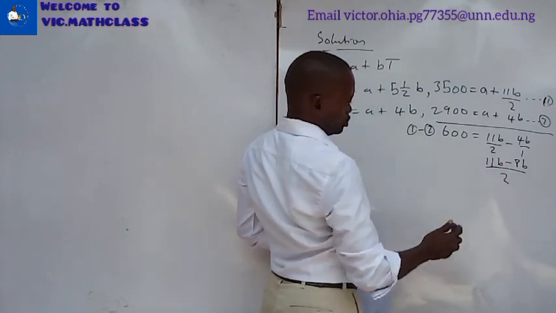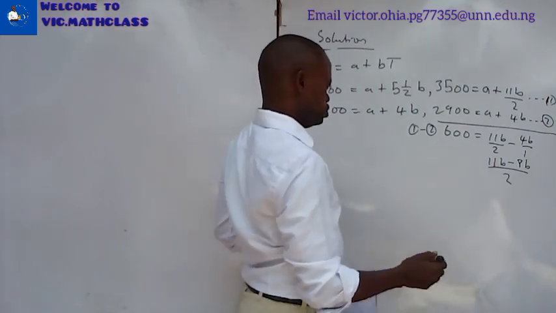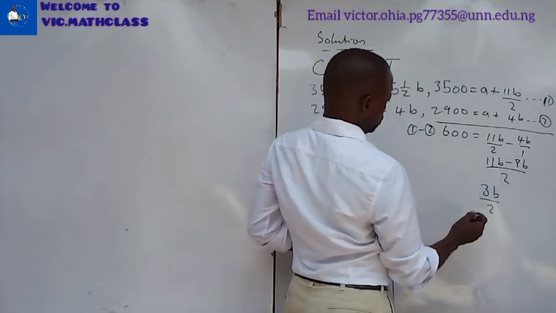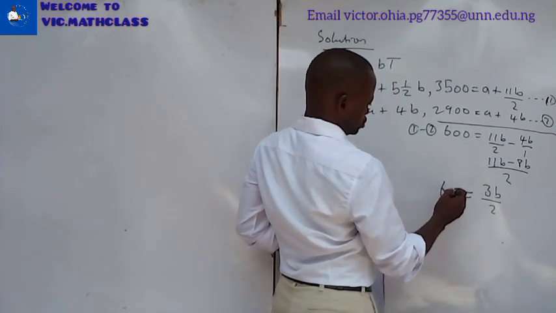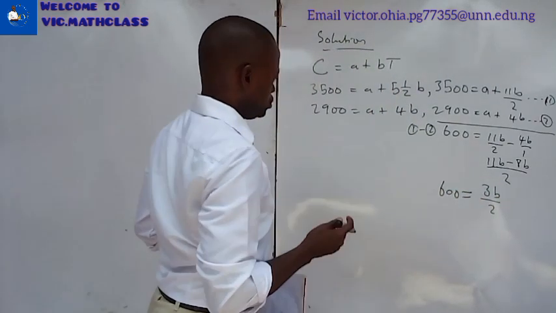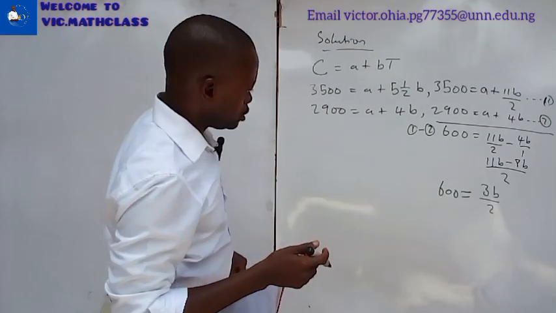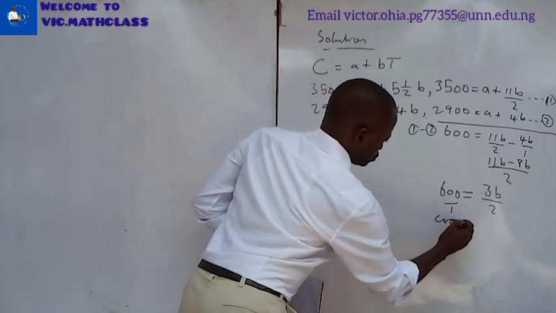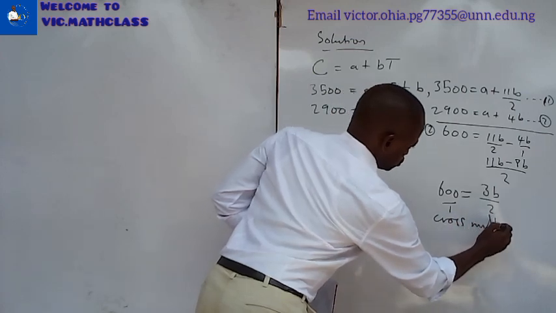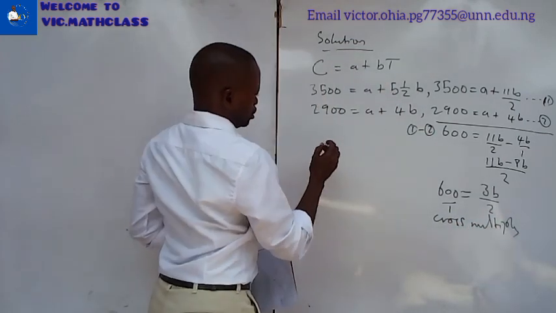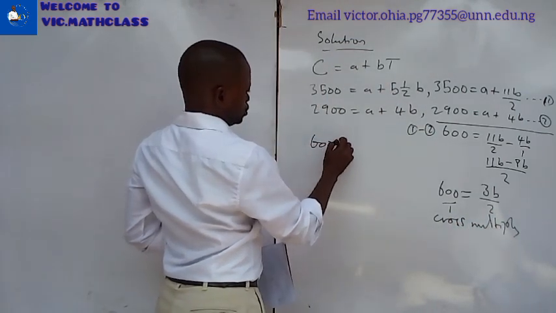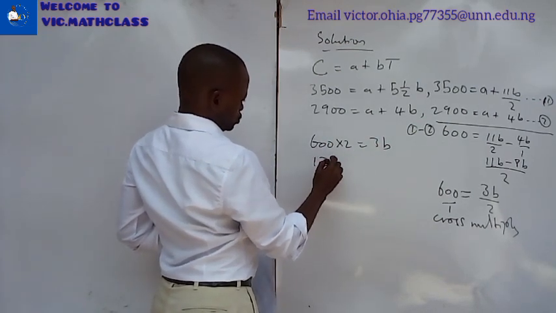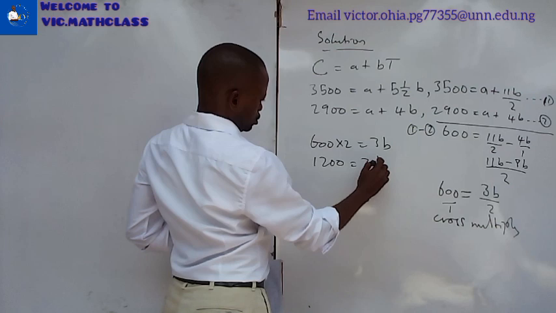So finally 11B minus 8B gives me 3B over 2. So I bring in 600. Let me cross multiply: you will have 600 times 2 equals 3B, so 1200 equals 3B.